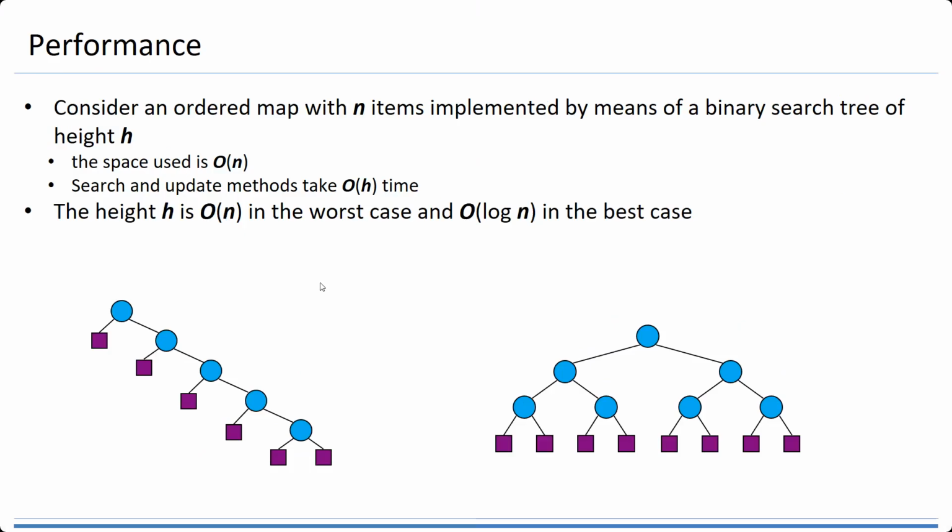So the performance that we can look at for the binary search tree. At least we have 3 kinds of functions: the search function, the insert function, and the delete function.